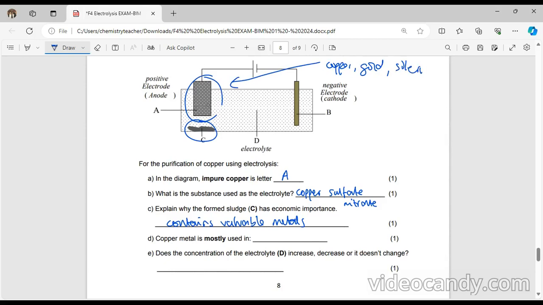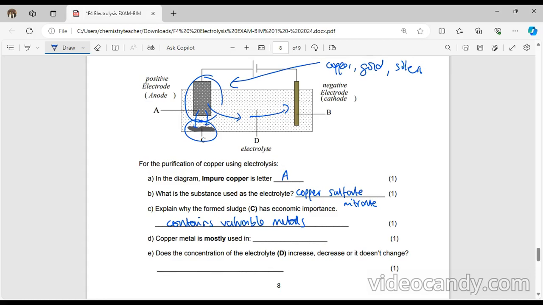As the copper leaves the anode and travels to the cathode, this anode starts to break down and the gold and silver fall off and make this sludge at the bottom of the electrolysis vessel. That obviously has economic importance because these are valuable metals, so we can sell those.